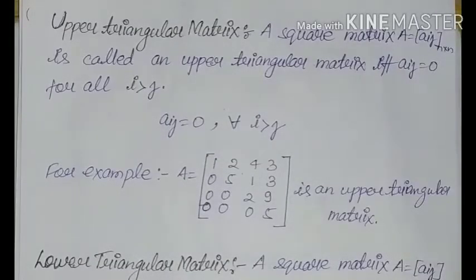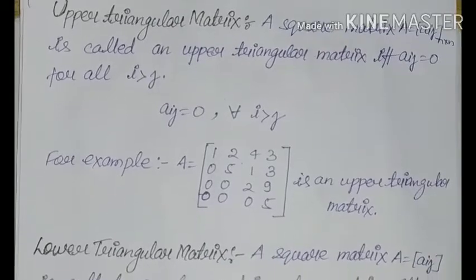Upper triangular matrix. A square matrix A equals [aij], of order n by n, is called an upper triangular matrix if aij equals 0 for all i greater than j. This is the important thing.